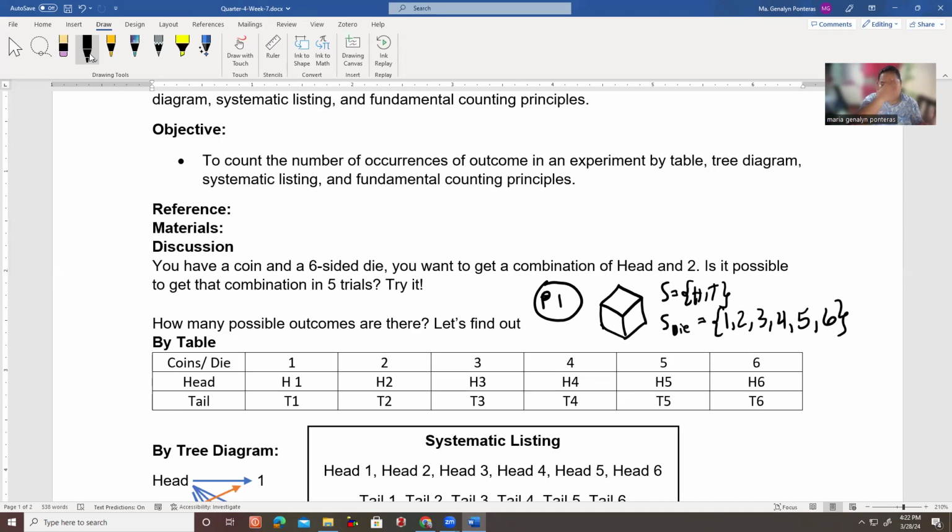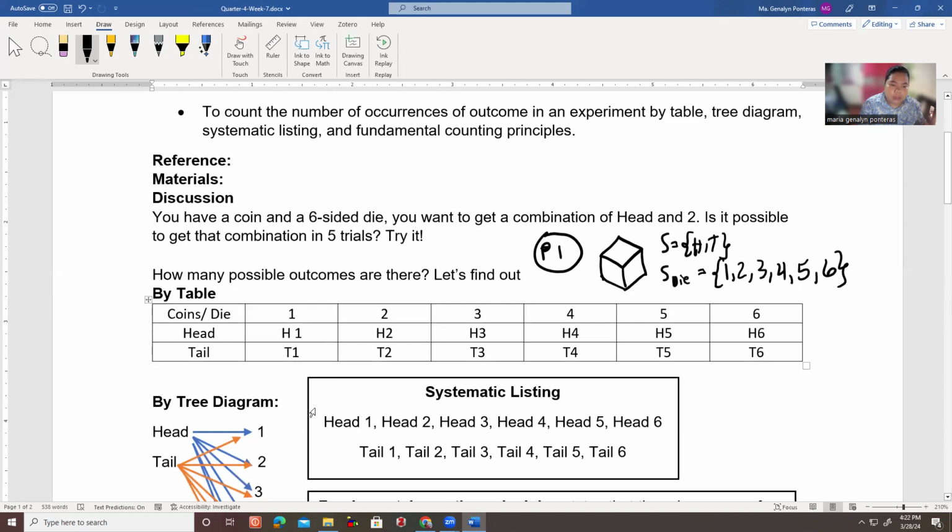So if these two things will be thrown together simultaneously, we need to list down the possible combinations. So in systematic listing, a head can be paired with 1. So head 1, head 2, head 3, head 4, head 5, and head 6.